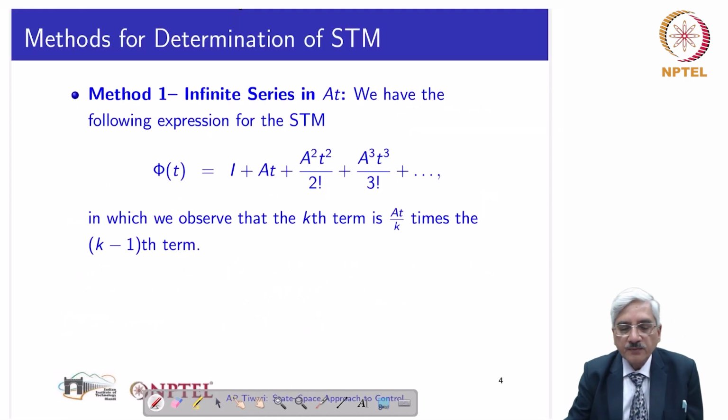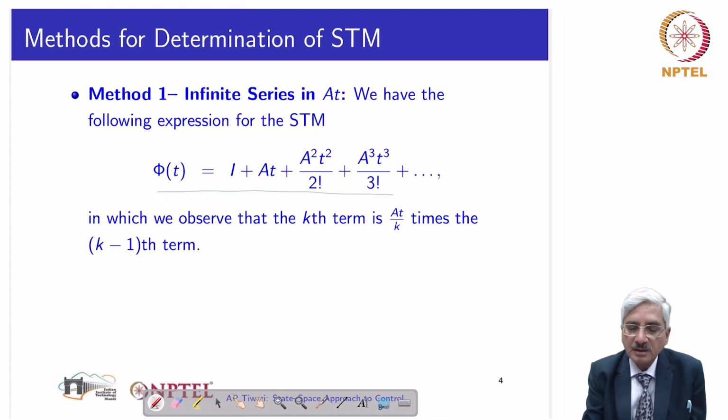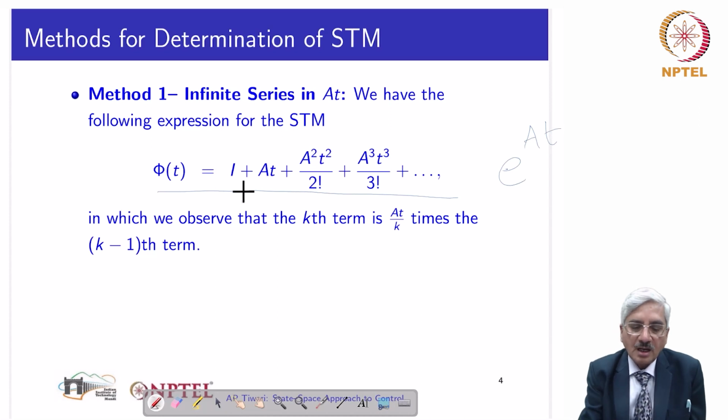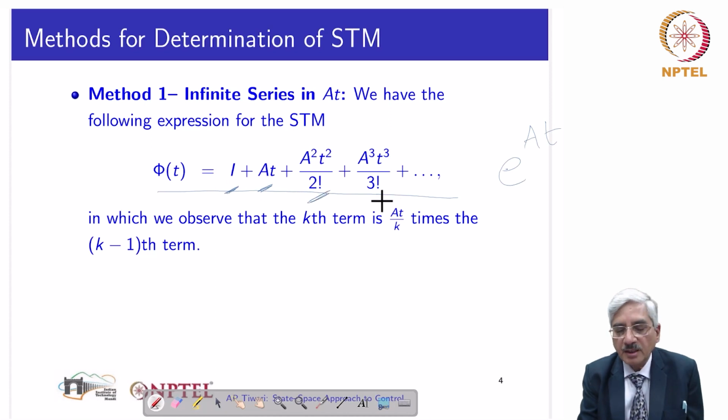So we consider first the method based on infinite series in At. We have seen in the preceding lecture that phi t, or the matrix exponential e power At, in case of linear time invariant system, was expressed as identity matrix plus A times t plus A square t square by factorial 2 and so on by this series.